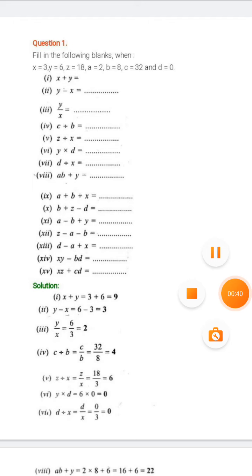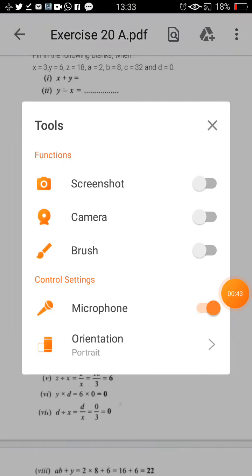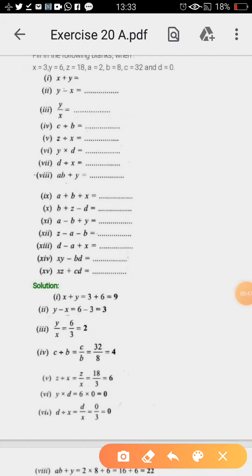Okay, now see, the first one value is given. Here, the first example is x plus y. First we have to see the x value.